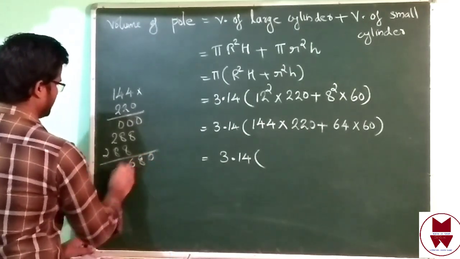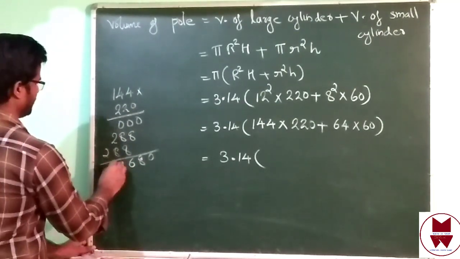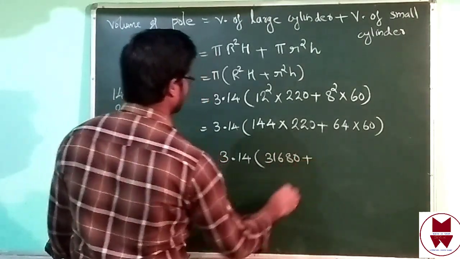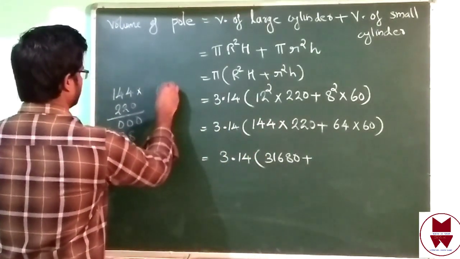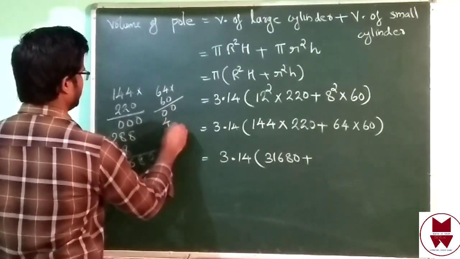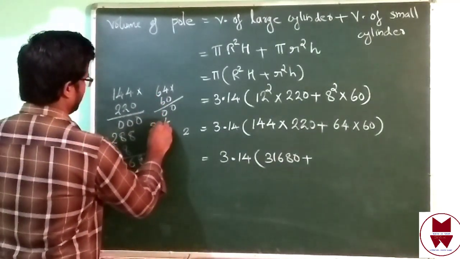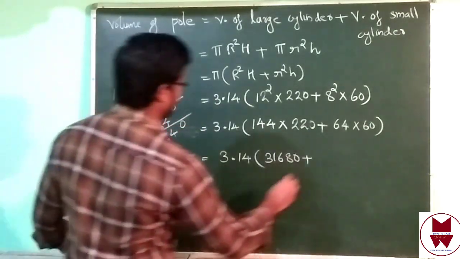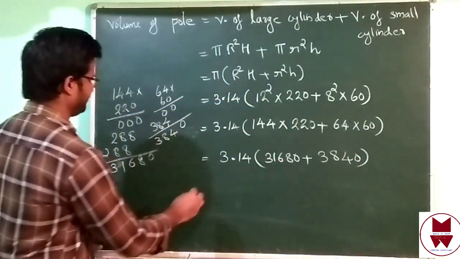We get 31680. Plus 64 into 60: 0, 0, 6 into 4, 24, remainder 2, then 6 into 6, 36, 38. We get 3840.